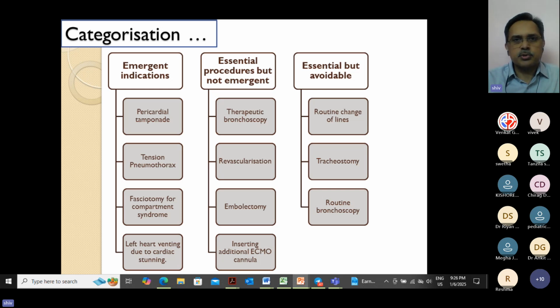And then there are certain procedures which are essential but can be avoidable. Something like tracheostomy or a routine bronchoscopy or routine change of lines and things like that. So one has to understand when you're planning a procedure, which category does this procedure fall into, and based on that, we'll have to make a choice.